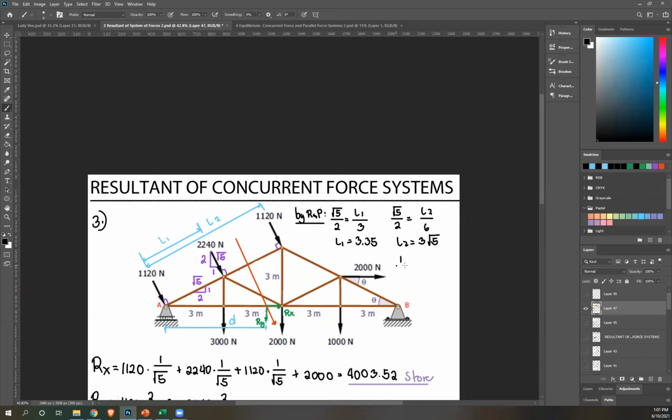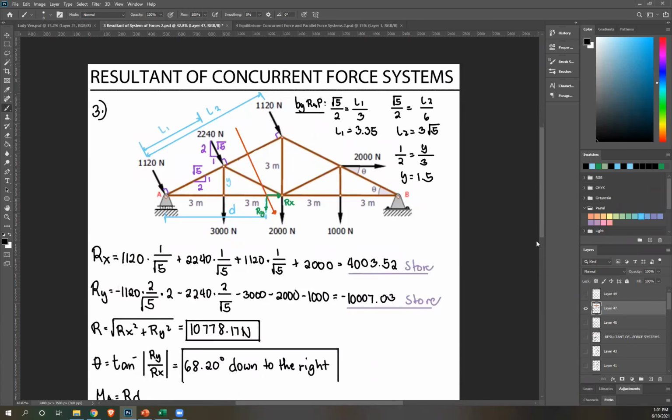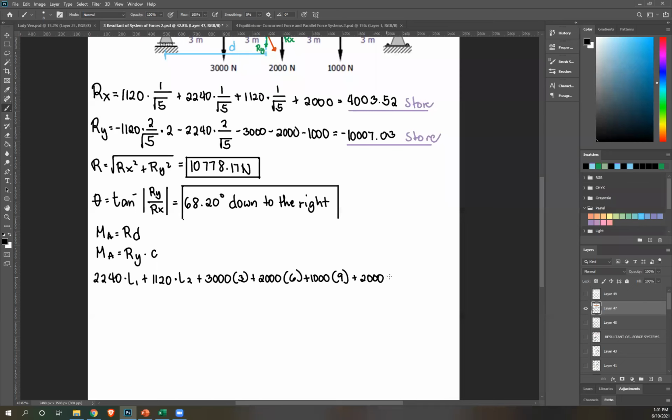So 1 over 2 equals this, which we want. Let's call that y. It equals y over base 3. So y equals 1.5. Therefore the perpendicular distance of 2,000 is 1.5.